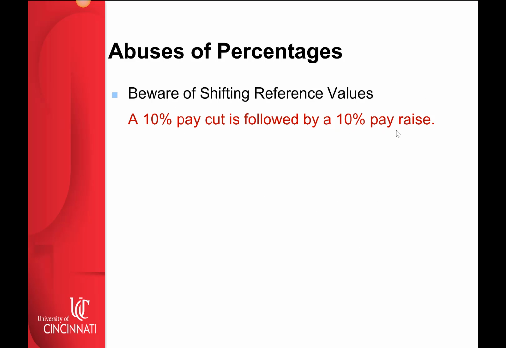Now, one of the things you have to be careful of, and remember earlier when we were talking about Nicole and my salary, and it said if she's making 7% more than I am, I'm only making 6.3% less than she is. Dude, it should be 7% each way.